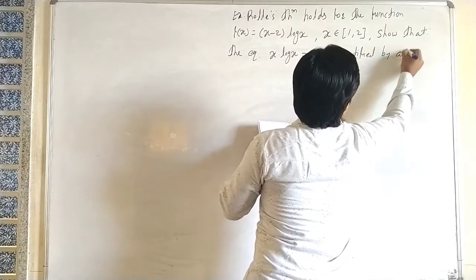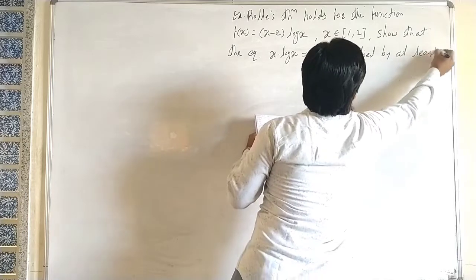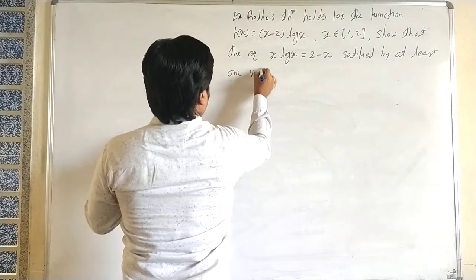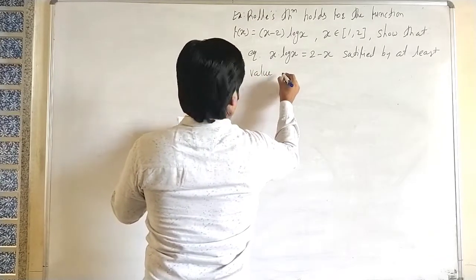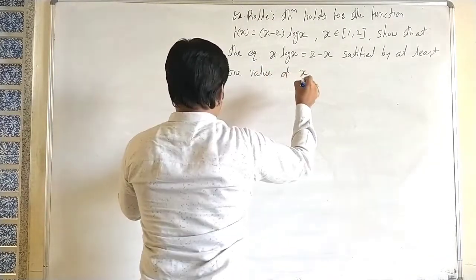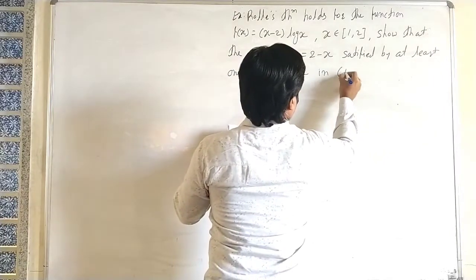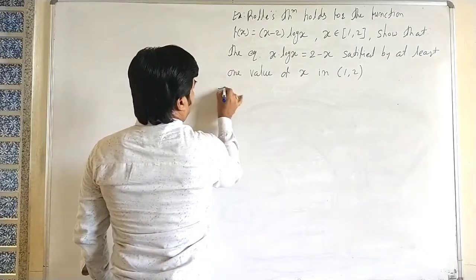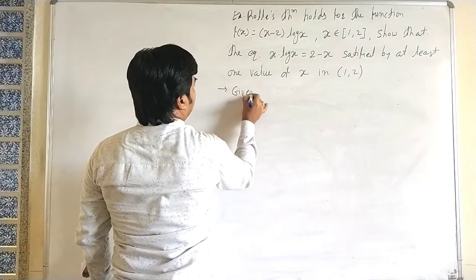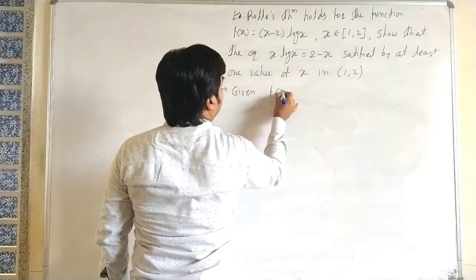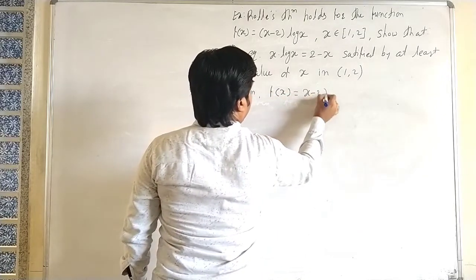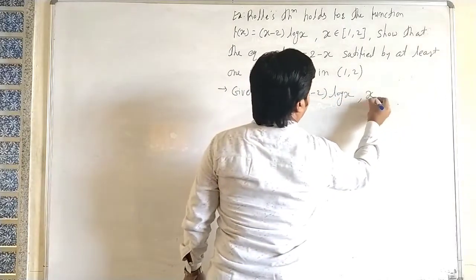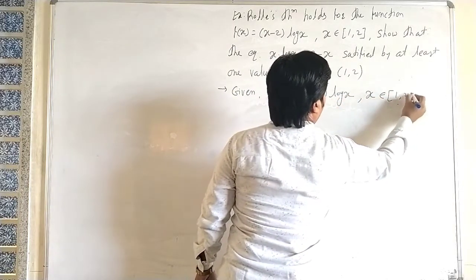by at least one value of x in (1, 2). Okay. Now given f of x is equal to (x minus 2) into log x for x belongs to [1, 2].